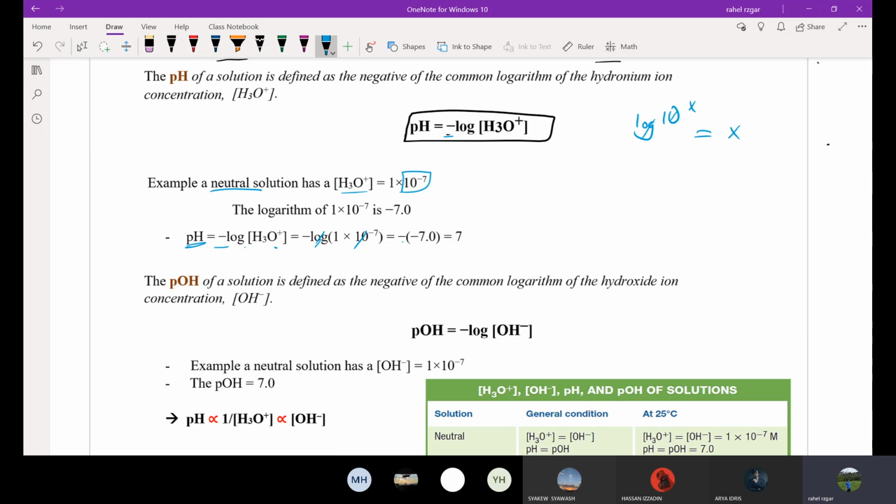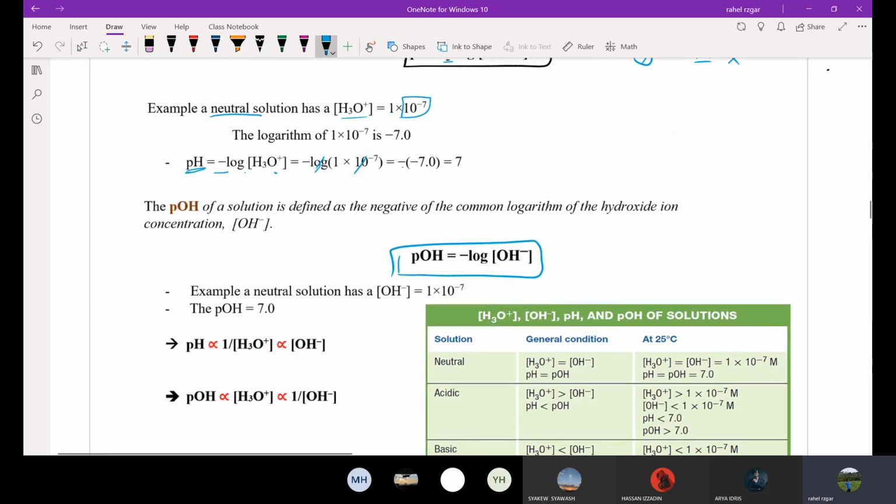Then what if we change the H3O to OH? It becomes pOH. It has the same definition, the same rule, but instead of H3O we just use OH. That's it, nothing changes. So if the concentration of OH is 10 to the minus 7, then pOH is 7, just like the calculation before. Okay.